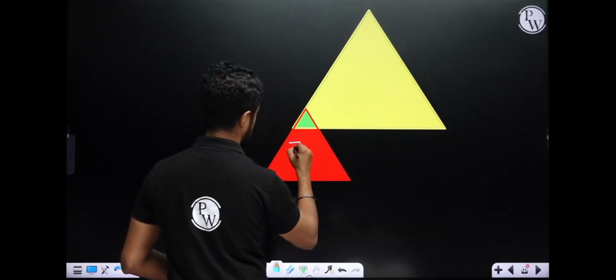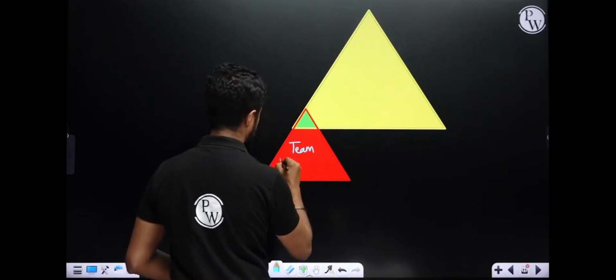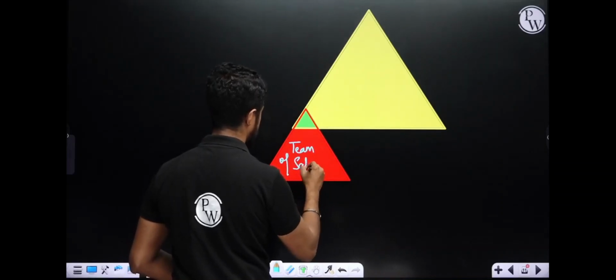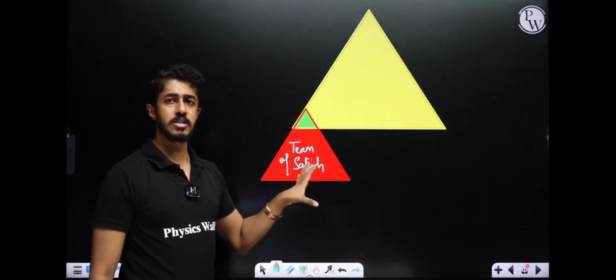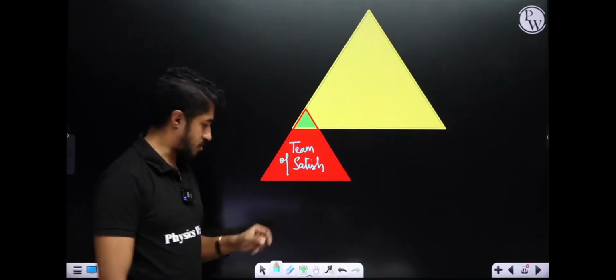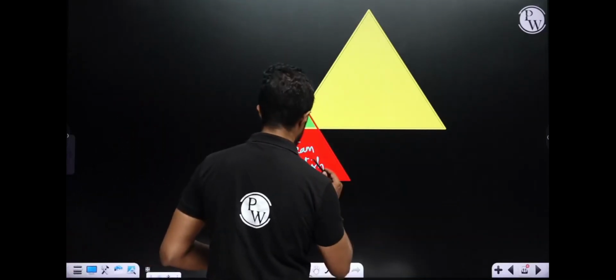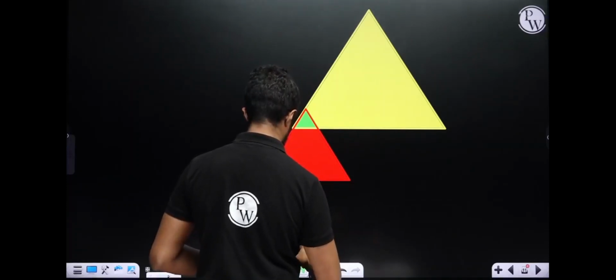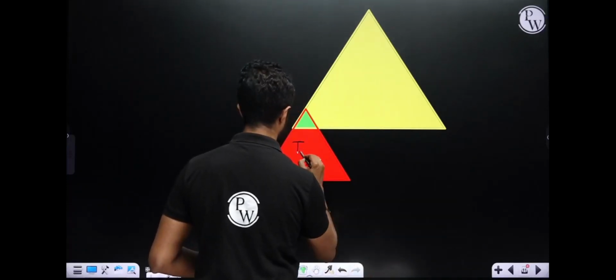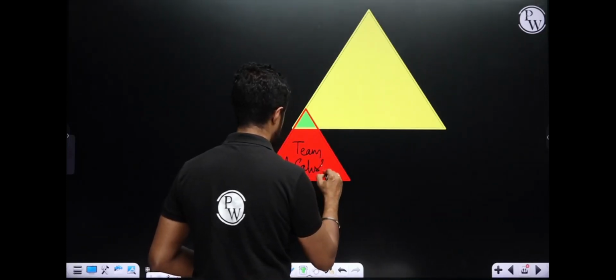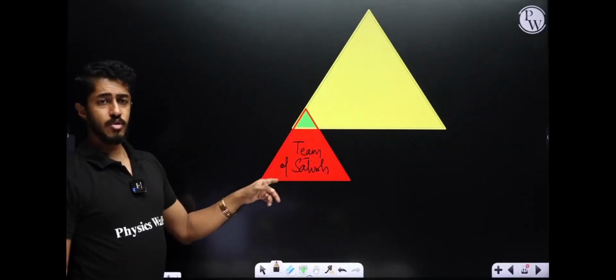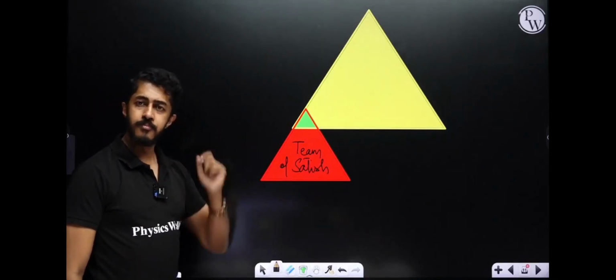This is the team of Satish. So Satish knows what is the contribution. Satish knows what is his team's contribution.